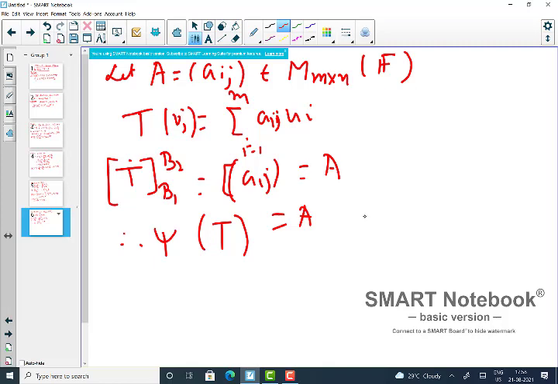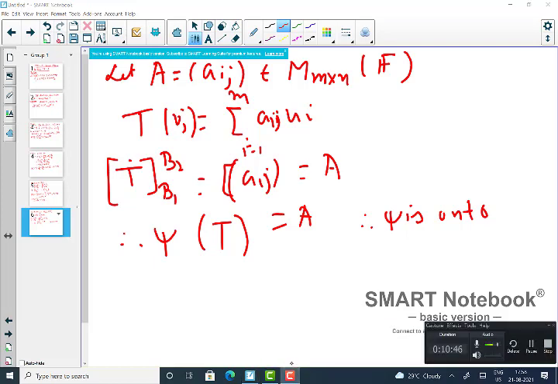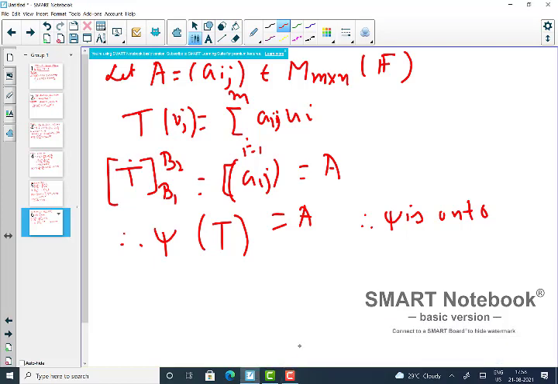So what does that mean? That means psi is onto, and psi is one-one and onto, so that tells you psi is an isomorphism between those two spaces, and hence they are isomorphic.